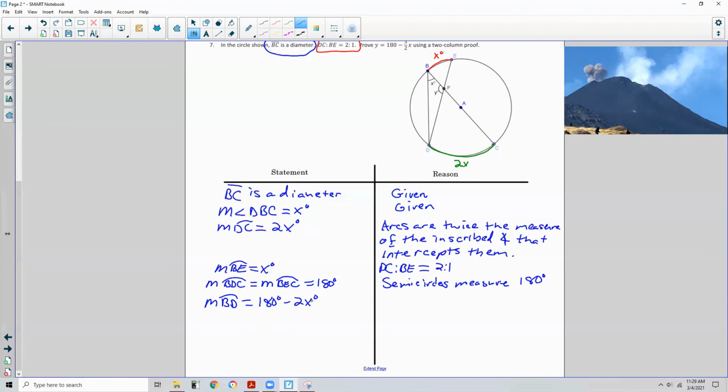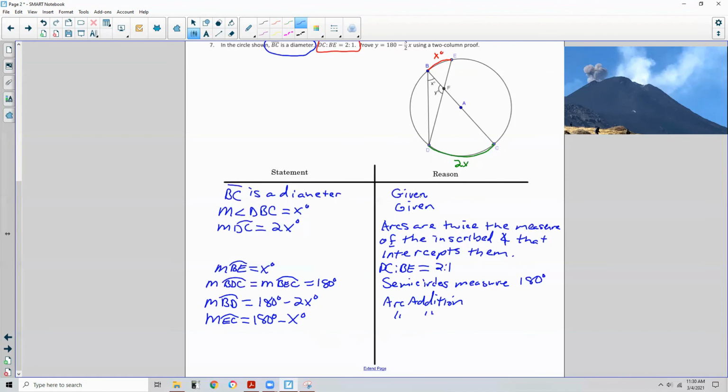So BD is 180 minus 2x. That's arc addition. Okay, we're adding a negative, but that's arc addition. And then we can say the measure of arc EC, that's over here, equals 180 degrees minus x degrees. So this is this little red arc taken away from the other semicircle, 180 minus that. So if BD is 180 minus 2x and EC is 180 minus 1x, that is also arc addition. I'll just use ditto marks.